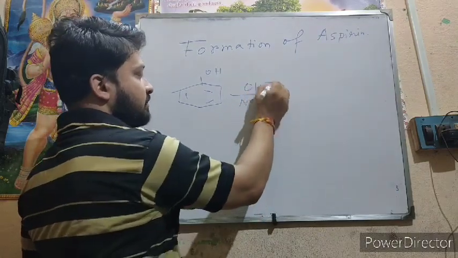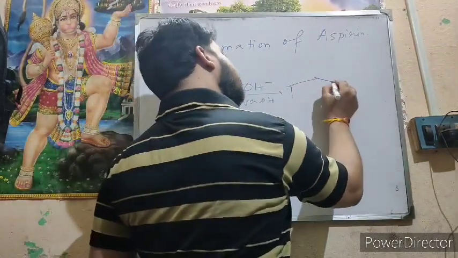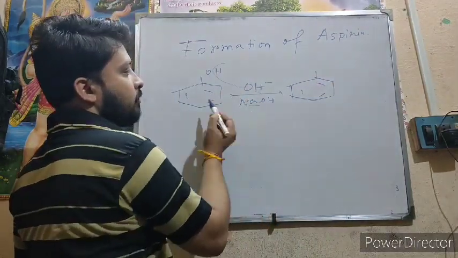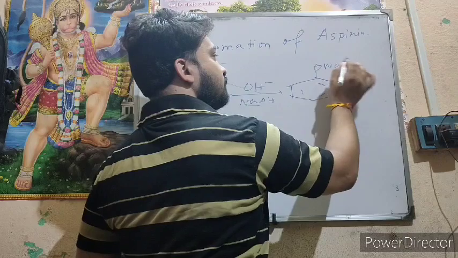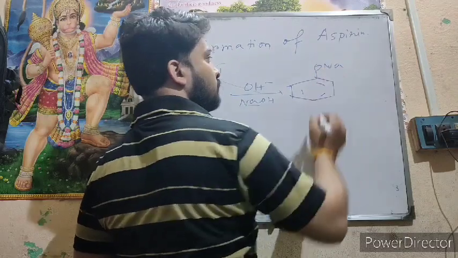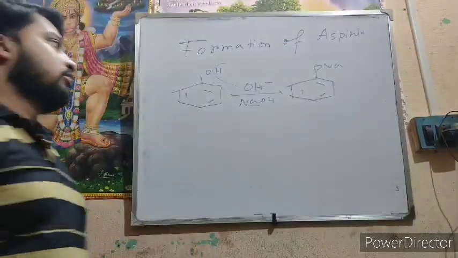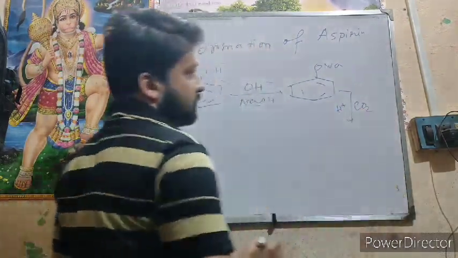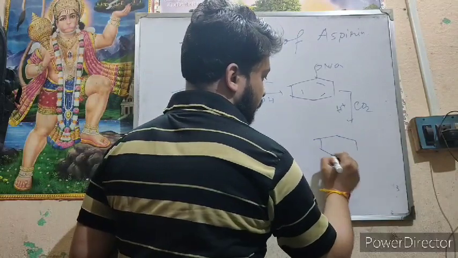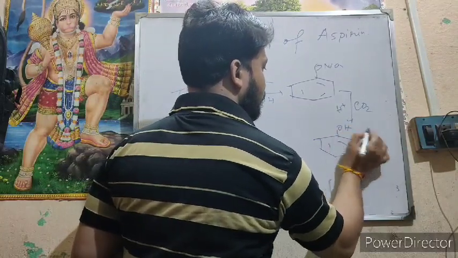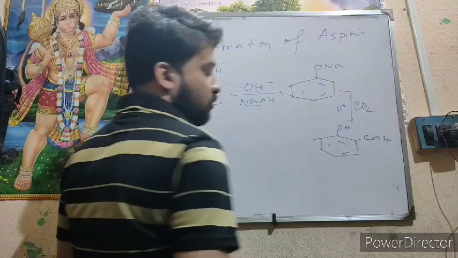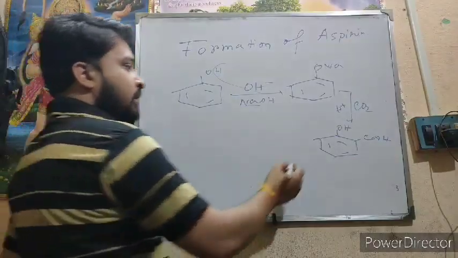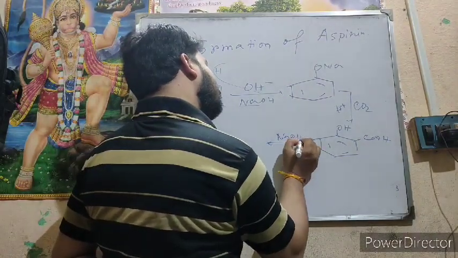It gives OH minus, so the product is ONa. It is very simple. Then you react with CO2 and with the acid H plus. So what do you get? You get OH and this is COOH, salicylic acid. Okay. Then you use NaOH.